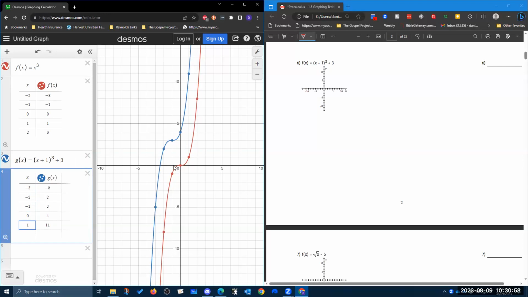So take this point and shift it left 1 and up 3, and we get that new centroid of the graph. The left 1 and up 3, and we get this new point that's 1 to the left and 1 down.